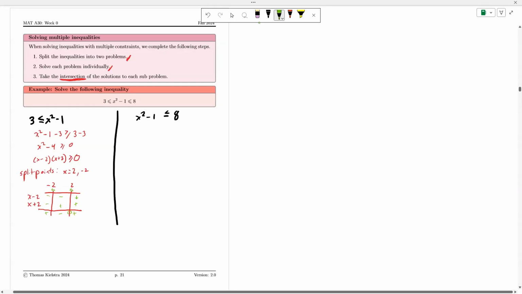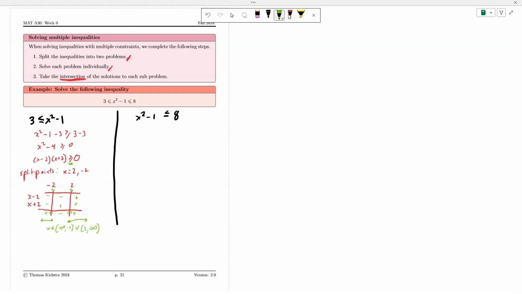My bound is not a strict bound, and I want to include everything greater than or equal. So I'm going to include this point and above, and I'm going to include this point and below. So x is in the interval minus infinity to minus 2, union with 2 to infinity.